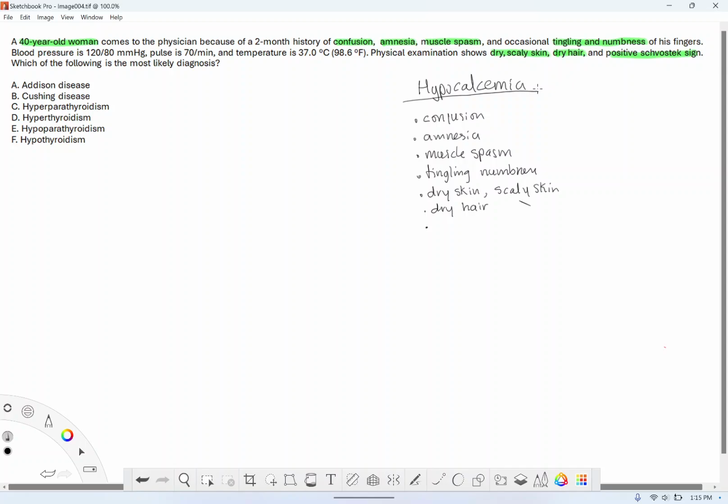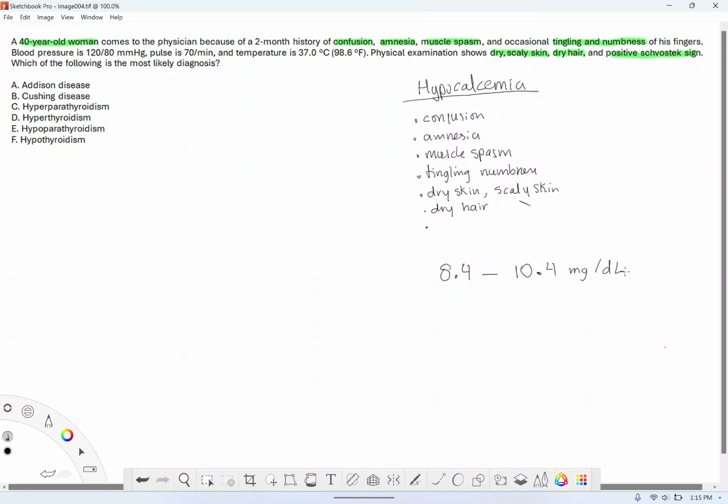Okay, so this is hypocalcemia, and the general plasma calcium should be around, I think, 8.4 to 10.4, if I remember correctly, milligram per deciliter.